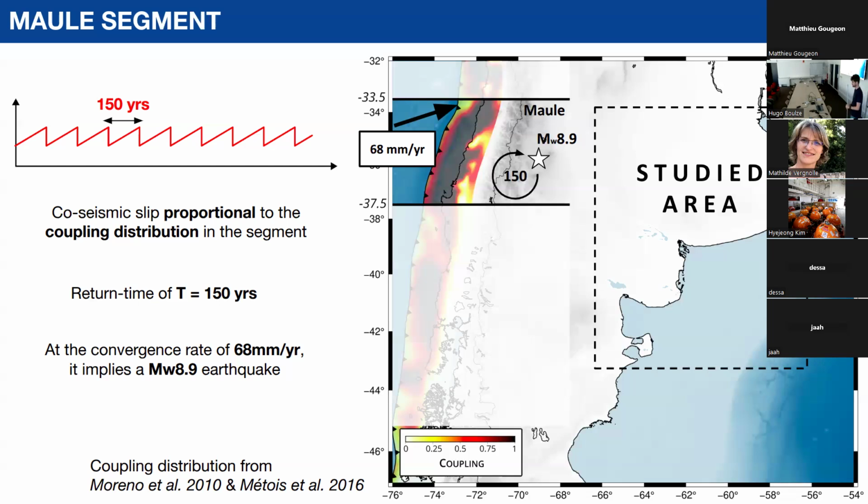And if I may, I have another question. This is a very great area to do the work you have done, because you have a good history of earthquakes on a large part of the subduction, and you also have GPS stations that are very far away from the trench, without strong other tectonic processes that could affect them.